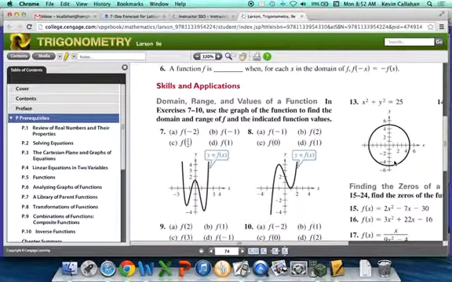What is the domain? It looks like the radius is 5. How could you describe the domain? Well, look, every point in that circle is in the domain, right? So you've got some values of x that are in between -5 and 5.